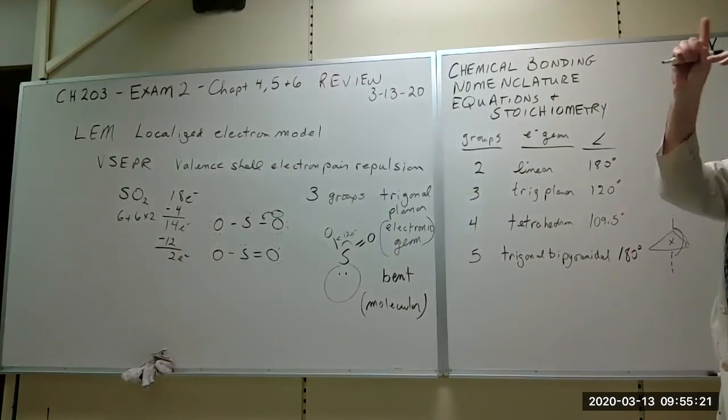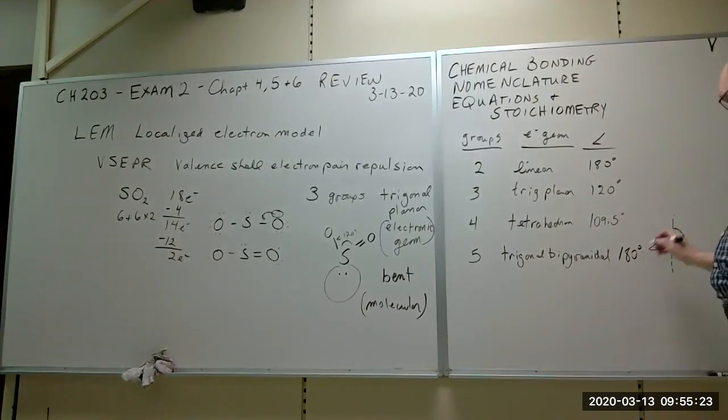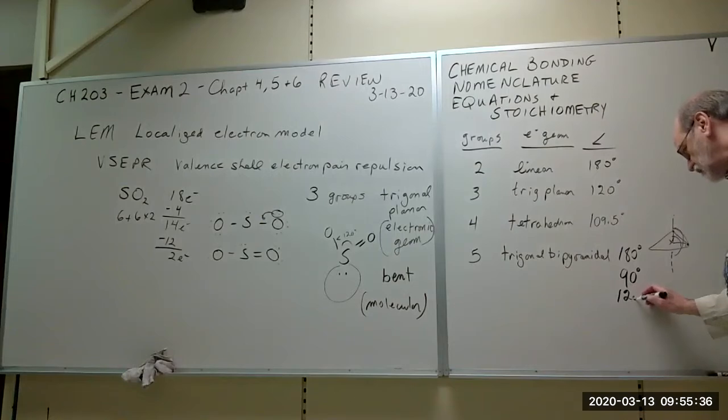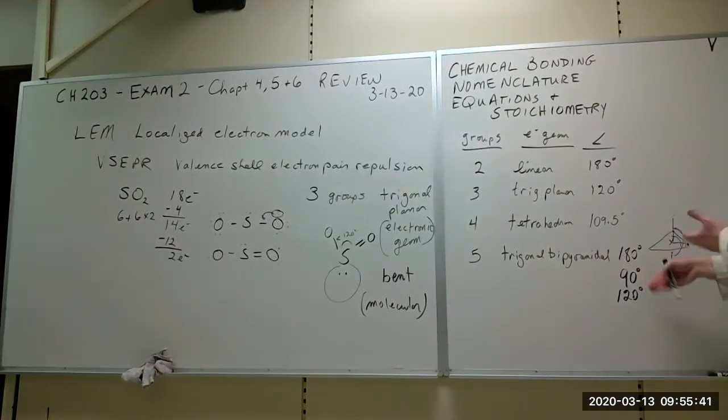That's 90 degrees. How about in here? You have something over here, right? What's the bond angle there? It's 120 degrees. Just like the trigonal planar, right? So you have three possible bond angles in trigonal bipyramidal.